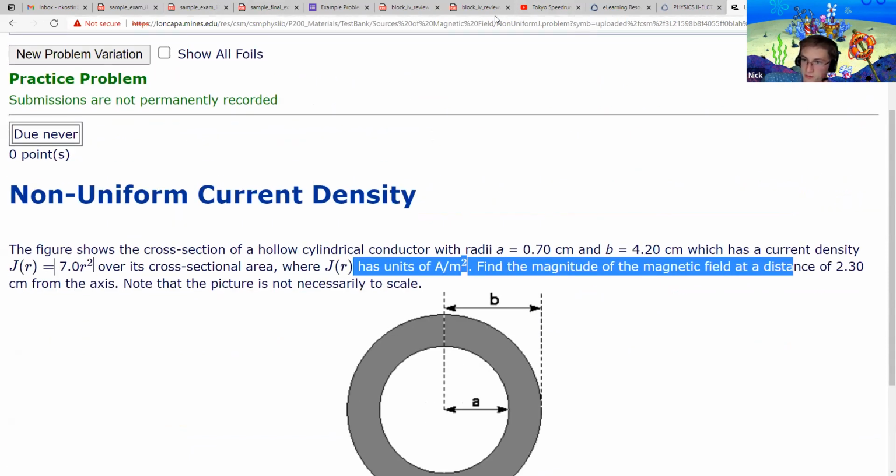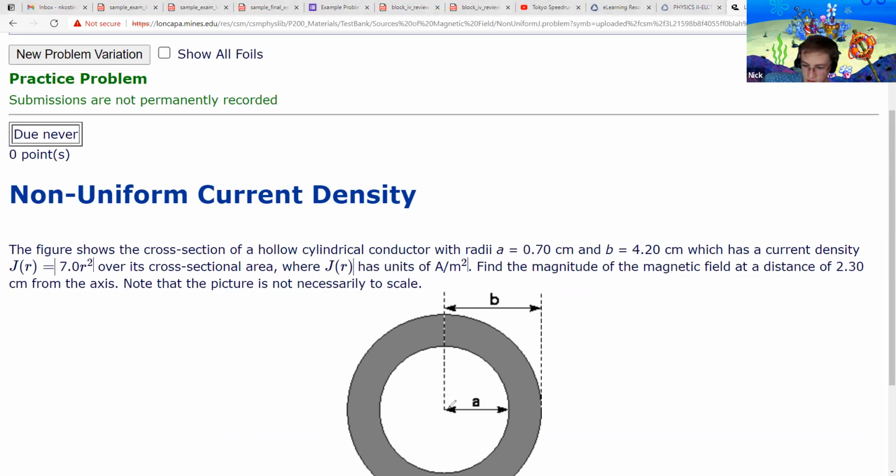Okay, so what this problem is telling us is that we have an inner radius A, an outer radius B, where A is 0.7 centimeters and B is 4.2 centimeters. And they want the magnetic field at a distance of 2.3 centimeters.